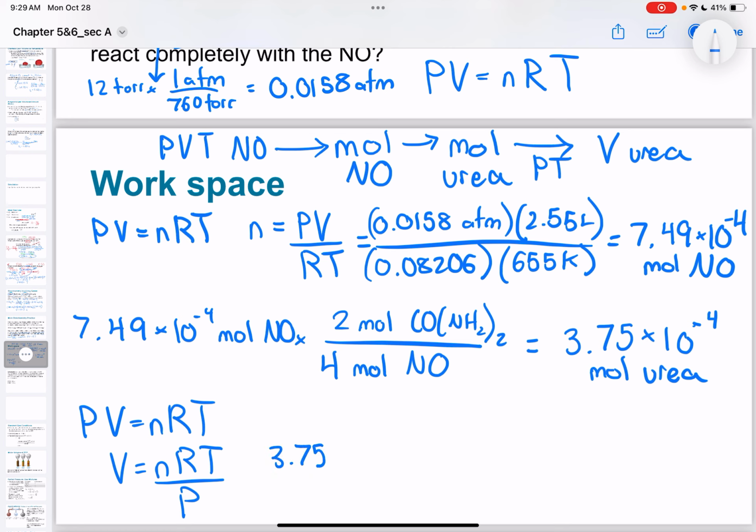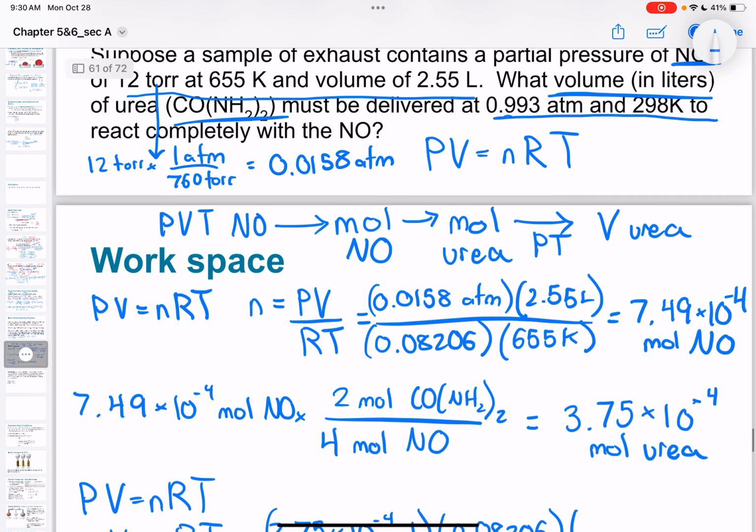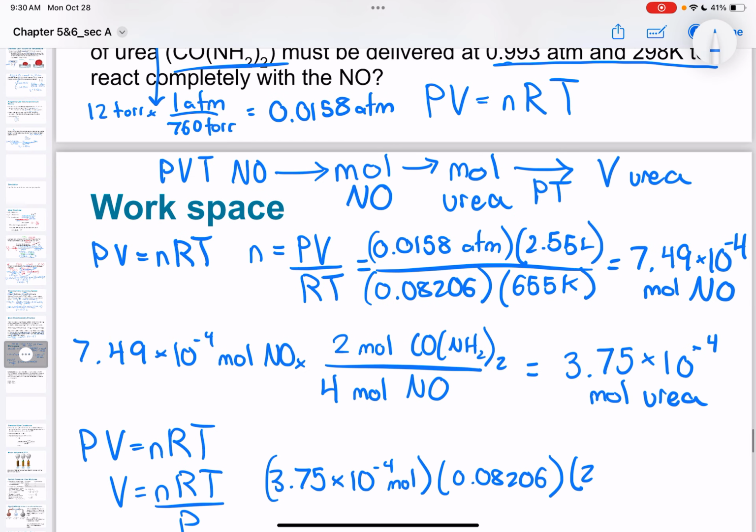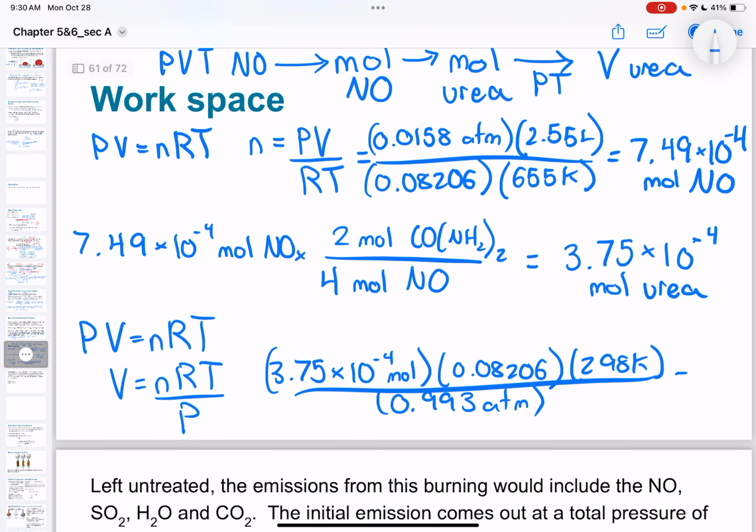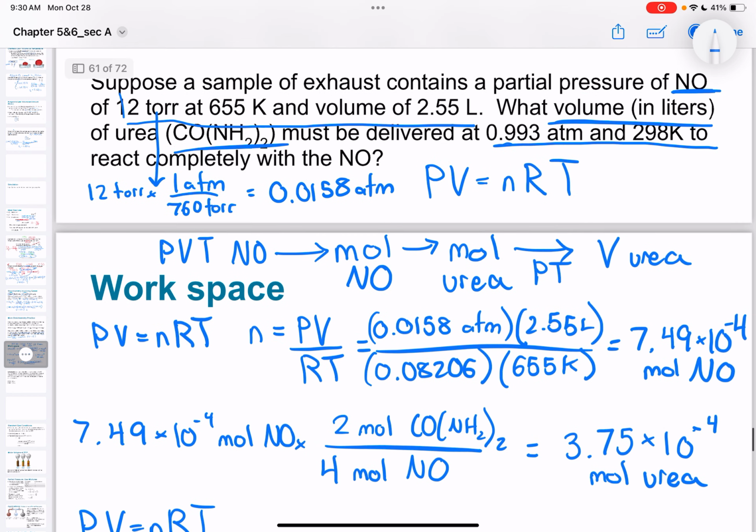So 3.75 times 10 to the negative 4th moles, 0.08206, temperature 298 Kelvin, and pressure 0.993 atmospheres. Okay, and this is going to tell me the volume in liters of urea that was produced from this pressure, temperature, and volume of NO.